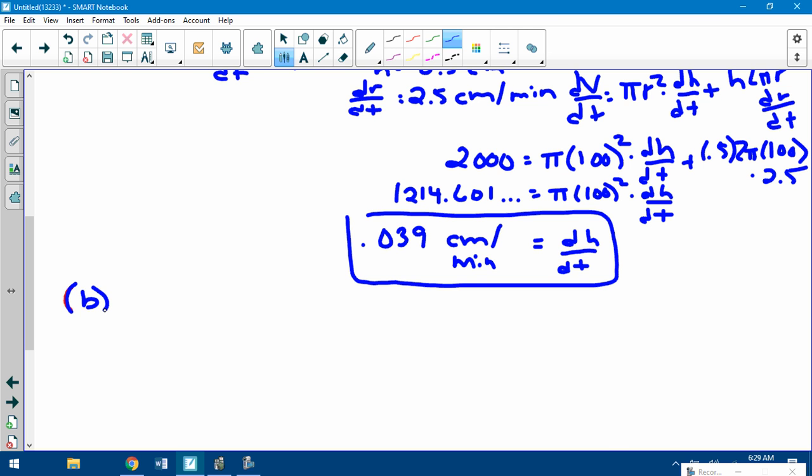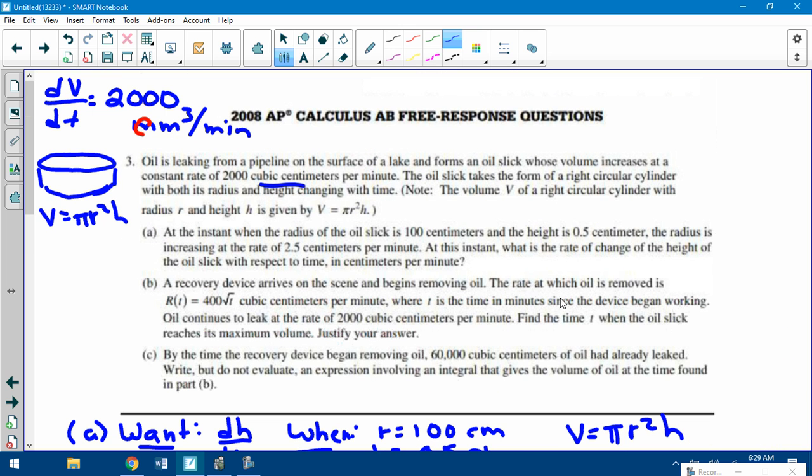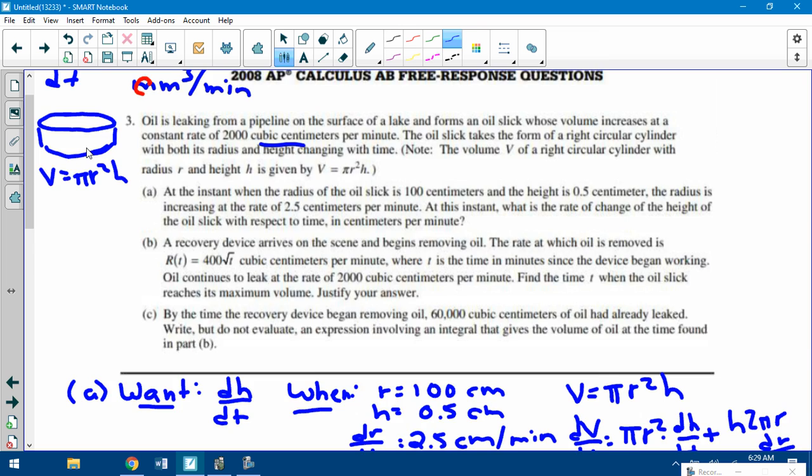We don't really have an equation for volume. We have volume that it's growing at. We used V for that. So let's use another letter for the volume of the whole cylinder. It's the oil slick.